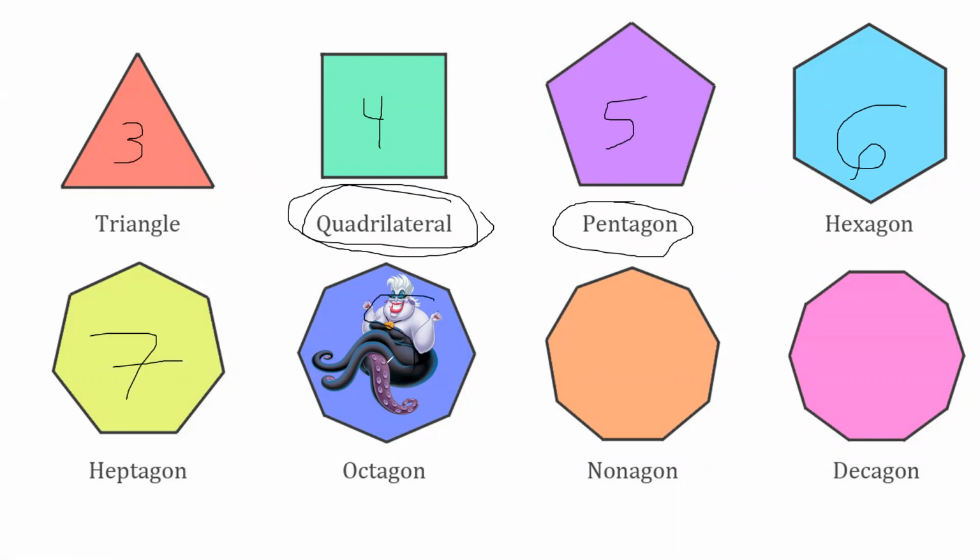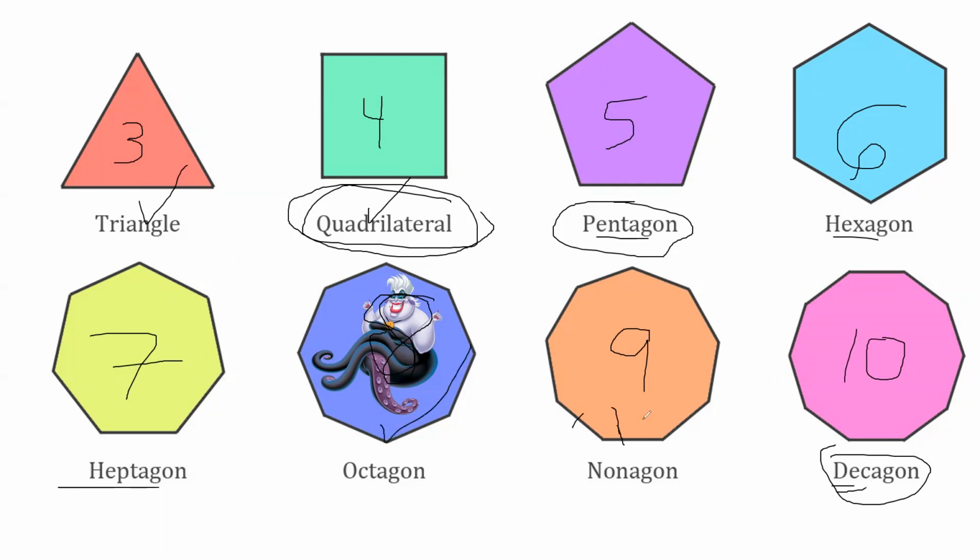Everyone remembers octagon, right? Nonagon sounds like 9, so that one's a little easier to remember. And then we have decagon, which is like decade, which is 10. So in my mind, very easy to memorize, the pentagon, hexagon, heptagon get a little bit more confusing. Octagon's easy, nonagon, decagon.